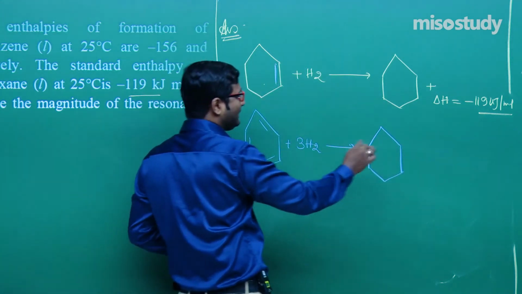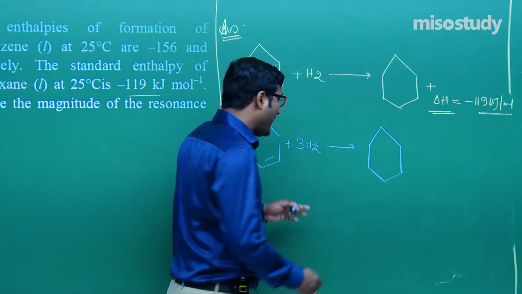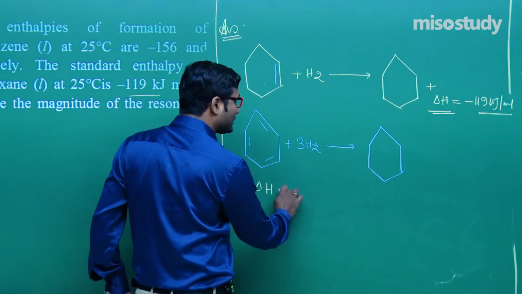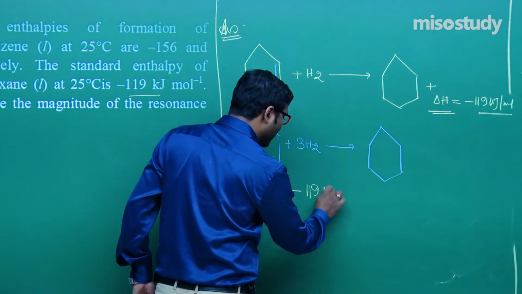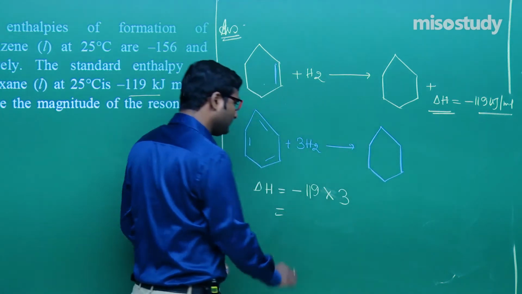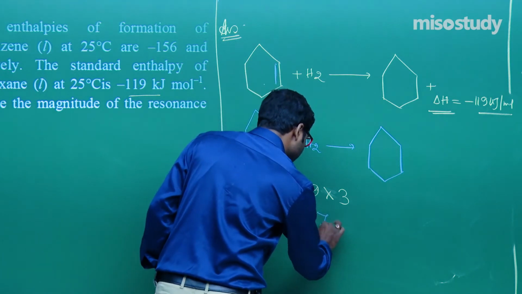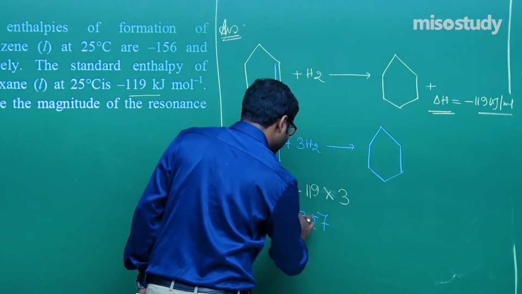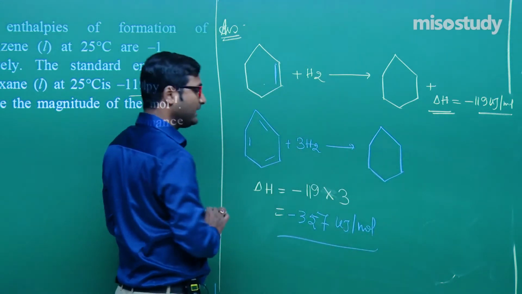For 1, delta H is minus 119 kilojoule per mole, and for 3, delta H for this reaction is equal to minus 119 multiplied by 3. Am I right? Yes, sir, you are right. Now what is the value? That is minus 357 kilojoule per mole.